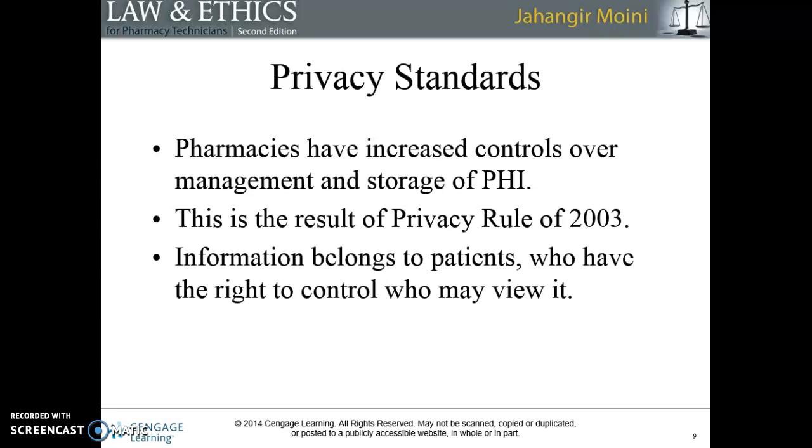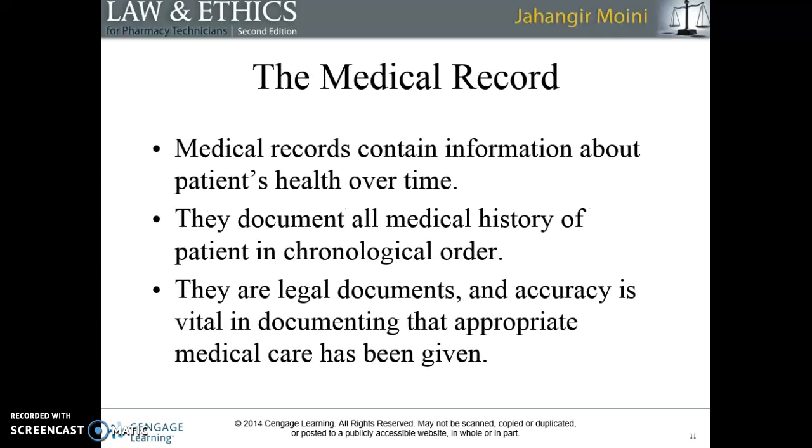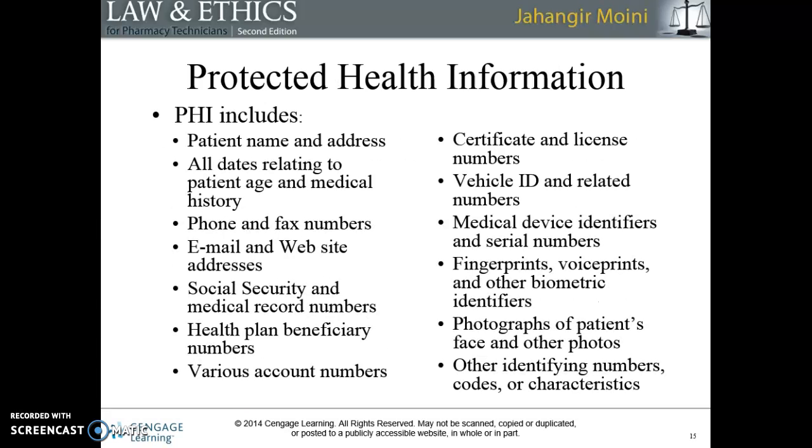So all of those types of things are important to keep in mind when we're talking about PHI. And then, of course, we have the medical records. The entire medical record is the patient's information again. When we think about PHI, it's really important that we understand all of the different pieces that are part of that. These are just a few of the pieces that are included. It's really anything that can be used to identify a patient.